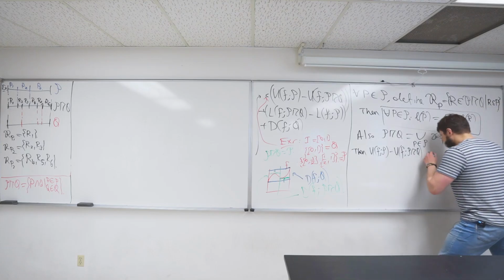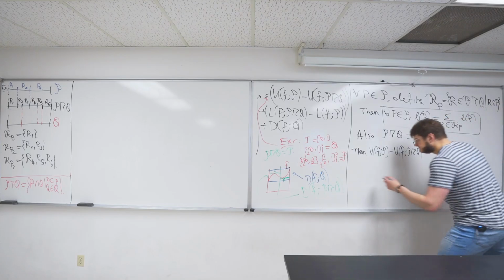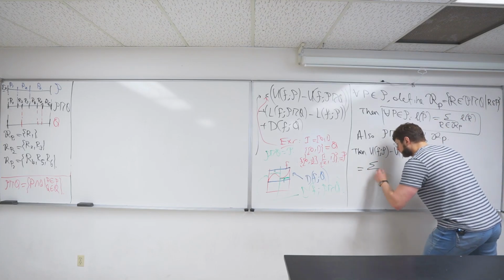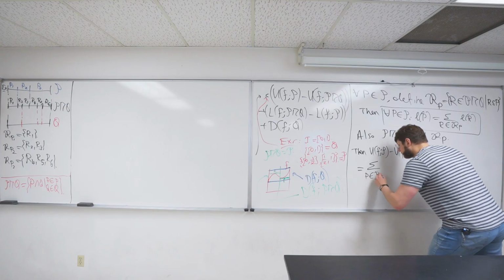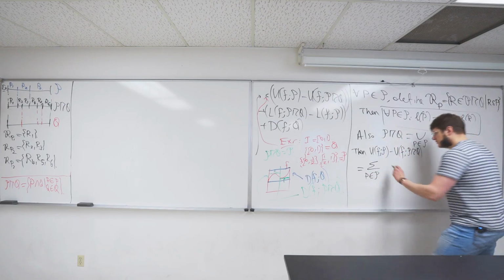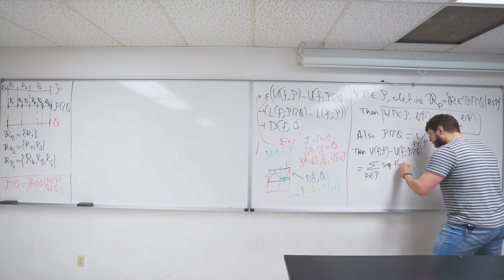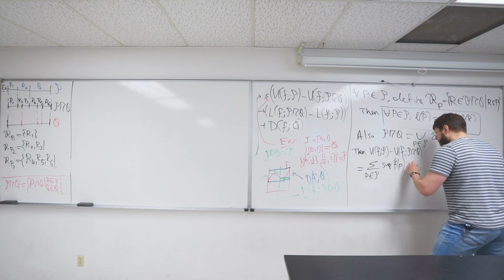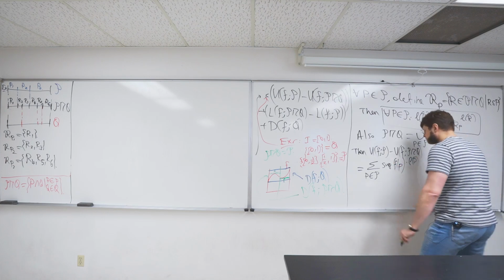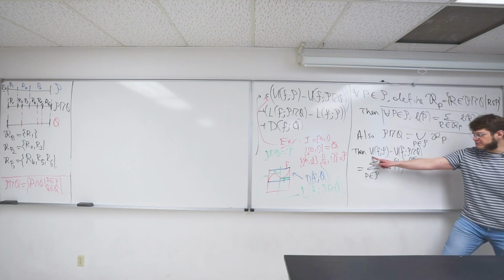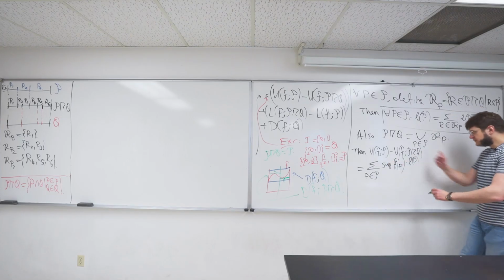Open up the definitions, write them down explicitly. Sum over all pixels of P, height is sup of f restricted to this specific pixel times the length of the pixel. This is the definition of upper Darboux relative to P minus this guy.